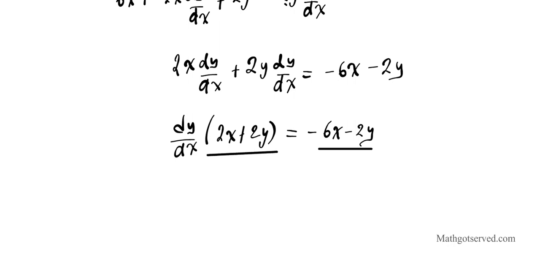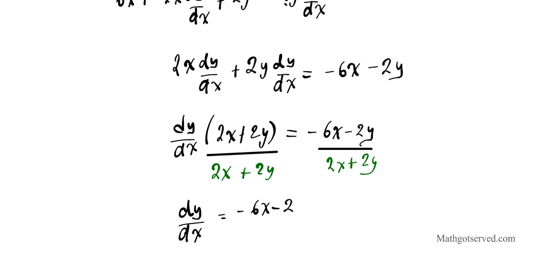That basically gets rid of that. So dy/dx is basically negative 6x minus 2y over 2x plus 2y.